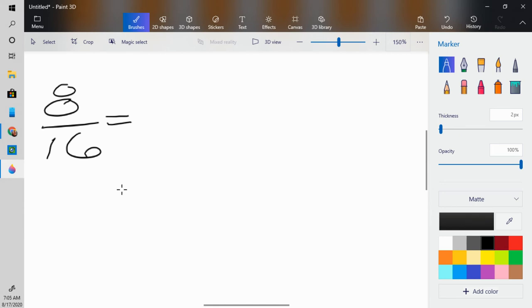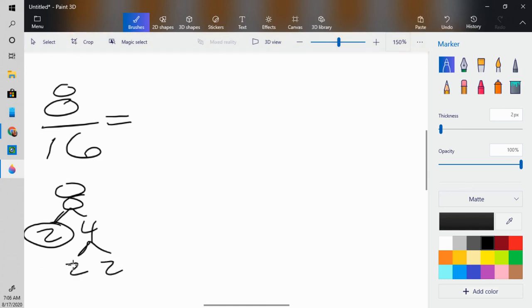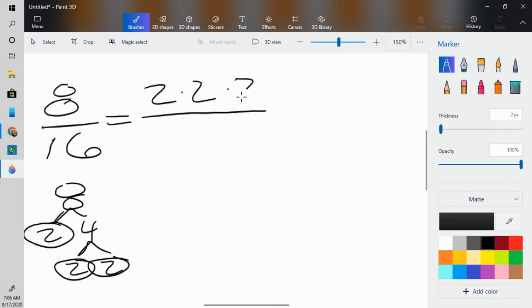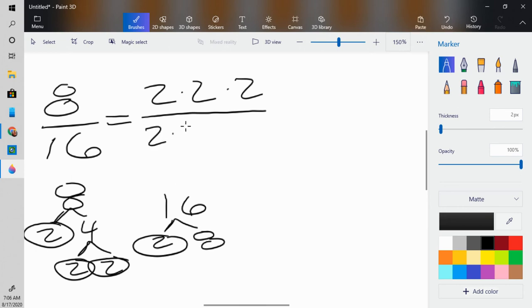So when I think about 8, I have 8 is 2 times 4. 2 is prime. 4 is 2 times 2. Those are all prime. So 8 is 2 times 2 times 2. And 16 is 2 times 8. Well, we can kind of skip a little step here because we know that 8 is already 2 times 2 times 2.